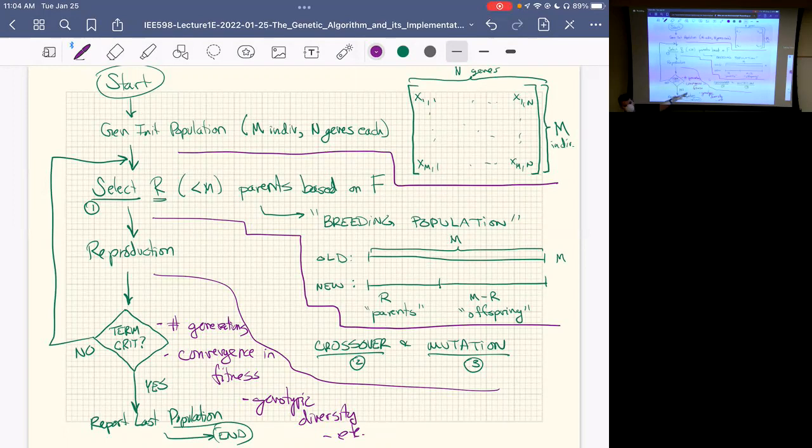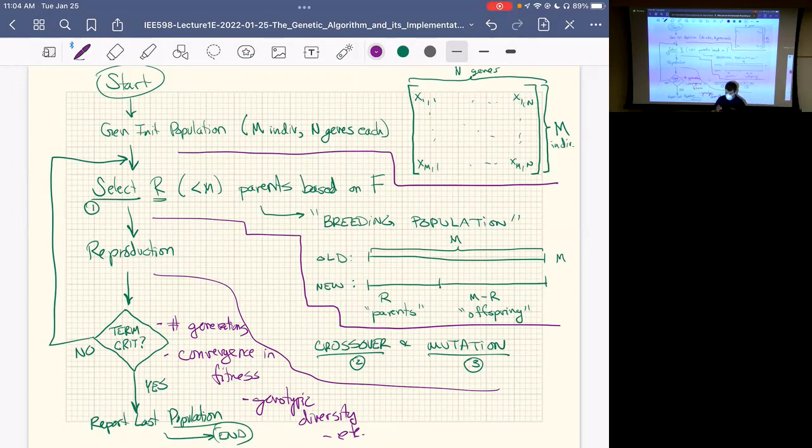The point here is that evolution is a process that never ends. So this can go on forever, but at some point you've got to say, you're fine tuning to the point where it's just not worth my computational budget. And so we're going to stop the evolutionary process and just take whatever you've got.